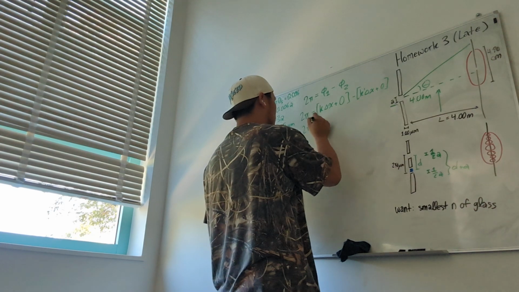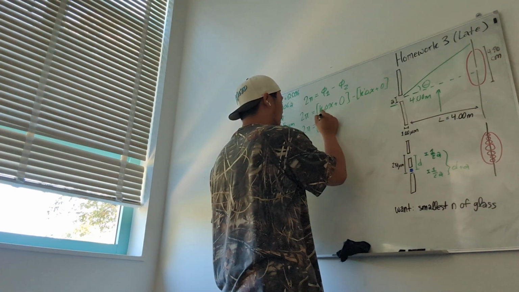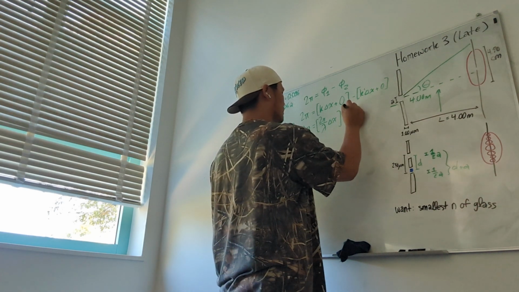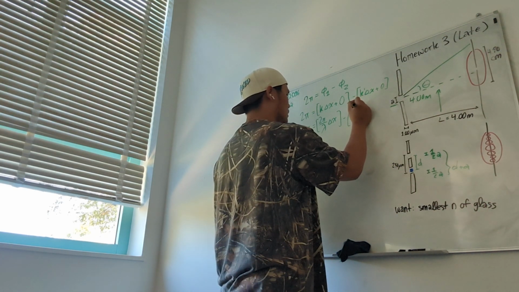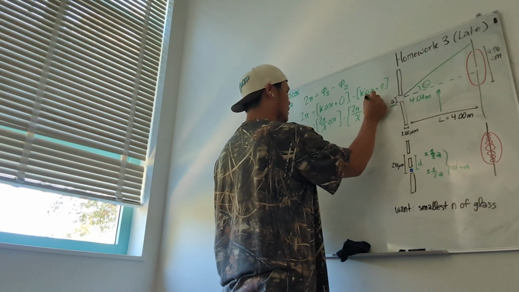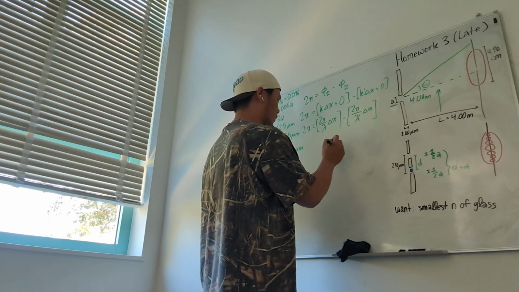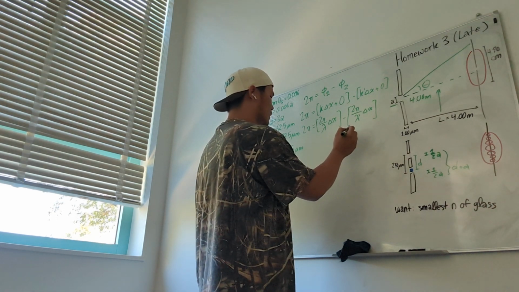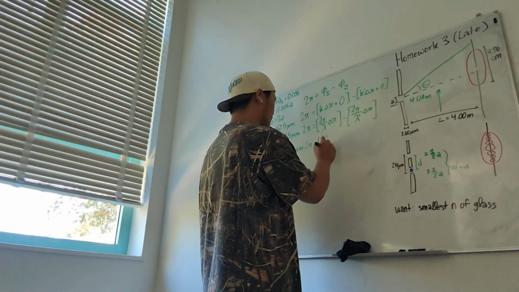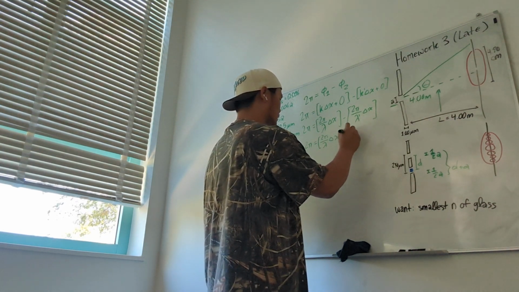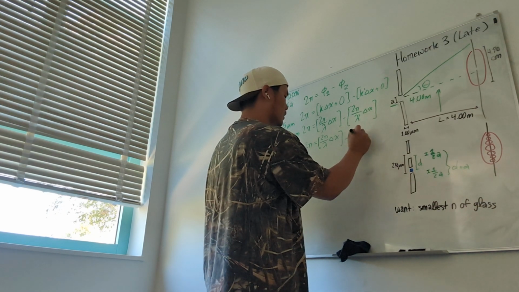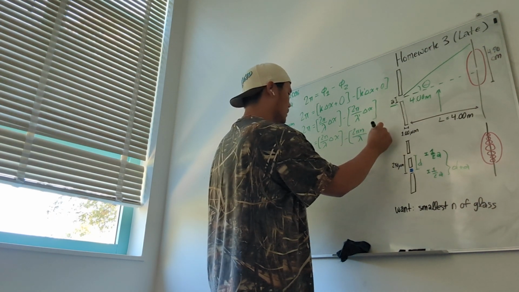So 2 pi is equal to 2 pi over wavelength delta x minus k prime, which is 2 pi over lambda prime delta x. Lambda prime is lambda over n, so put this on the denominator. It's 2 pi equals 2 pi over lambda delta x minus, because it's on the denominator, we put it up top, 2 pi n over lambda delta x.